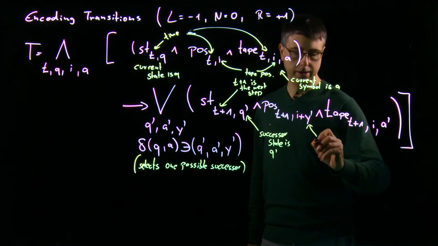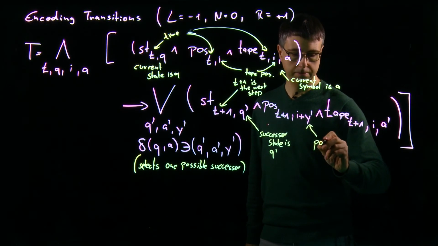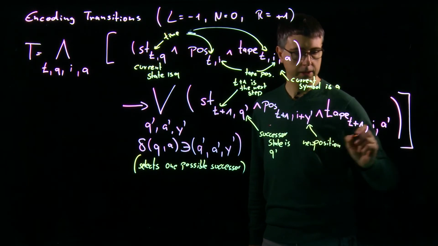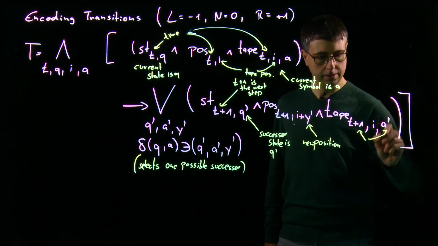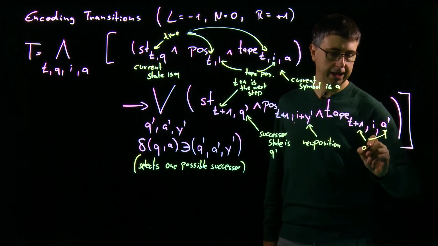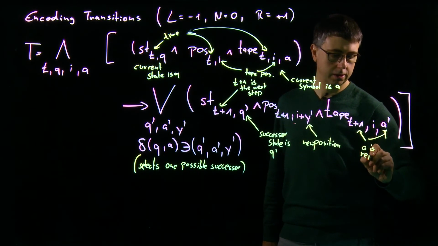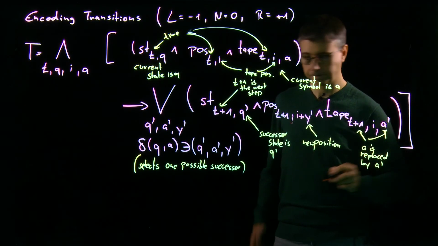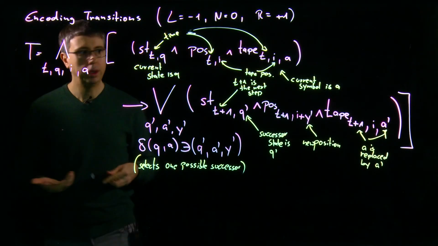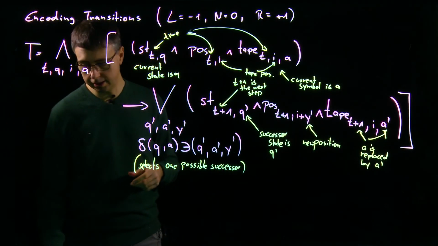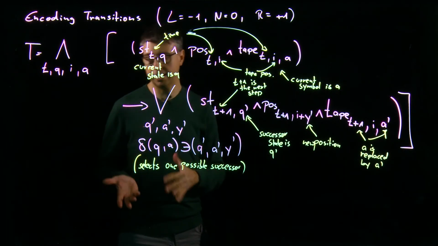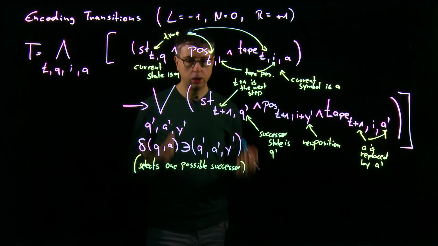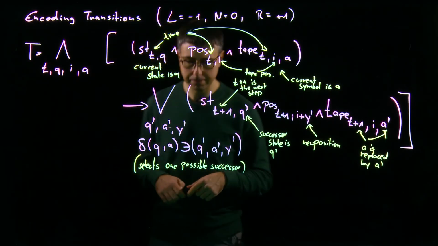This one is the new position. And this is A is replaced by A prime. So with this formula, we encoded the transition of the Turing machine, what it actually does to the tape and to the current state.